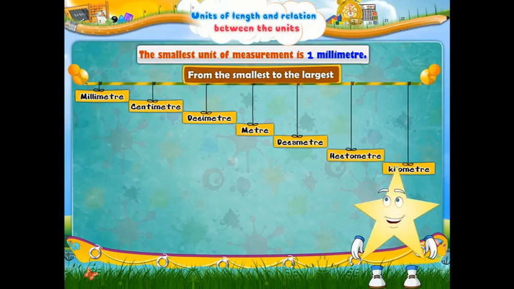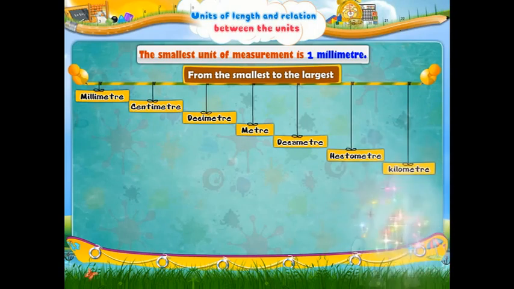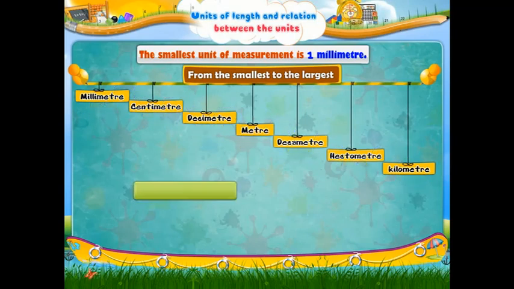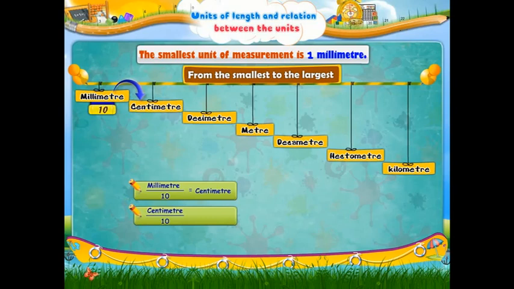Observe carefully. If we divide a smaller unit by 10 at every step, it is converted to a larger unit. So, millimeter divided by 10 will give centimeter. Centimeter divided by 10 will give decimeter.